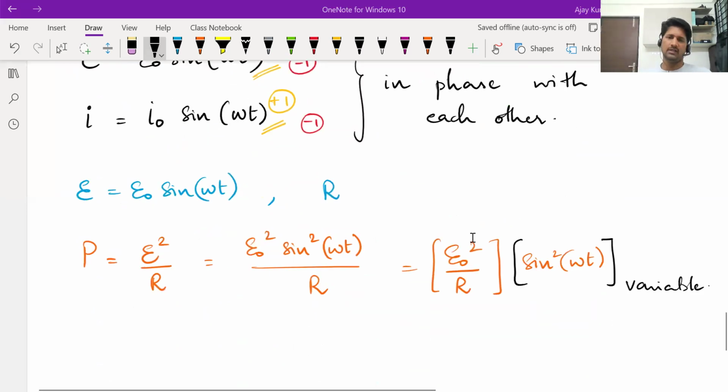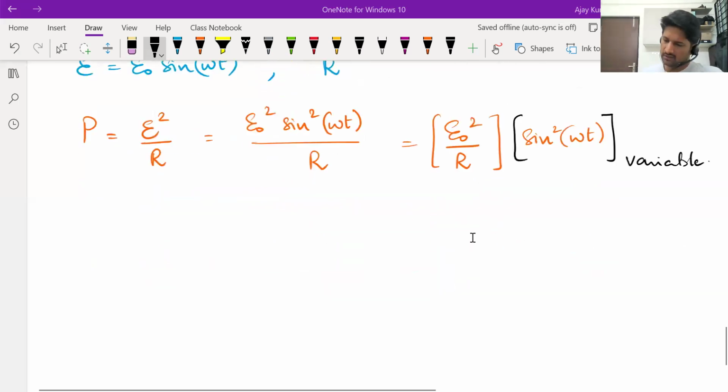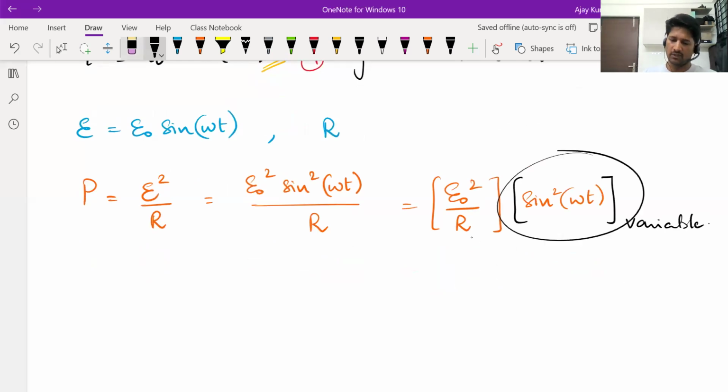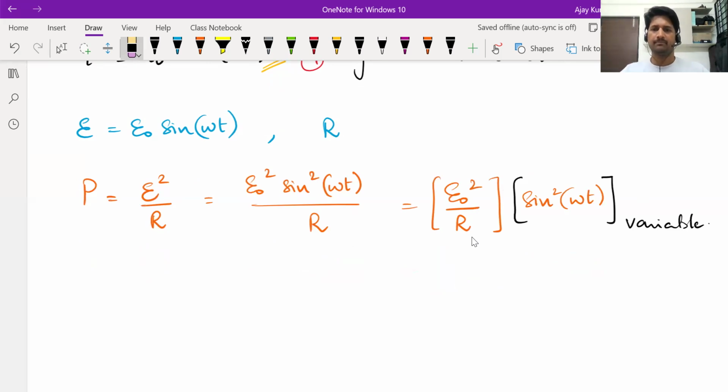And the equation is also telling us the same thing. There's a variable part here, that's fine. Can one of you tell me what are the extreme values of the sine square function? What is its minimum and what is its maximum? 0 and 1, correct. When this is 0, the power is 0.